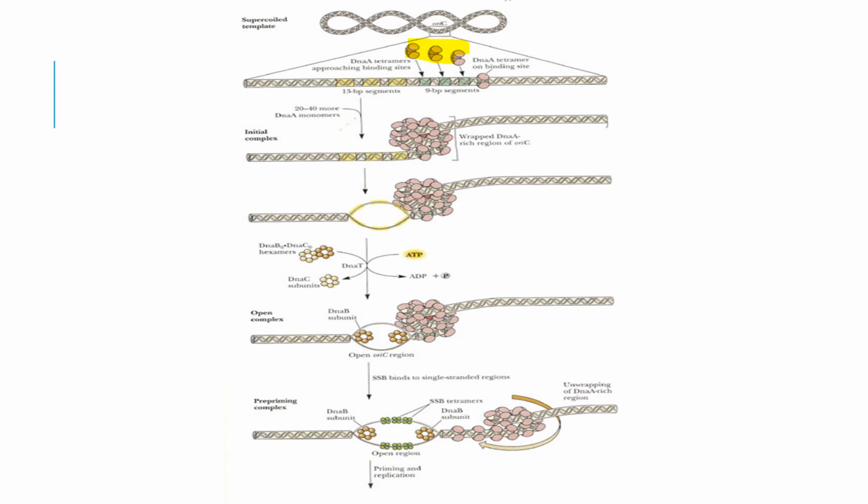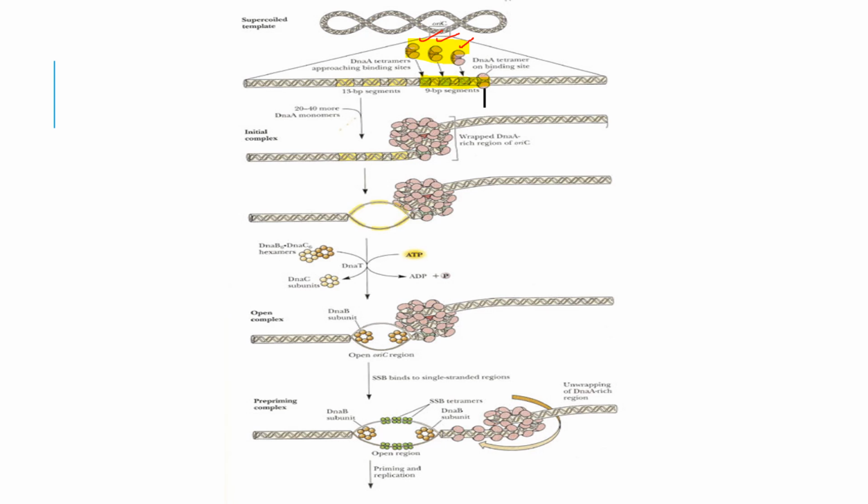Firstly, DnaA starts attaching to the 9-mer sites. So these are the 9-mer sites. One initiator protein attaches, then another attaches, then another, and another. In that case, a number of initiator proteins attach to the DNA strand.